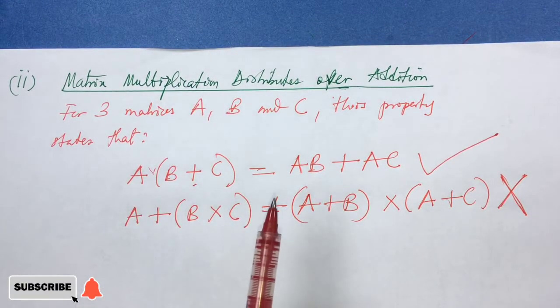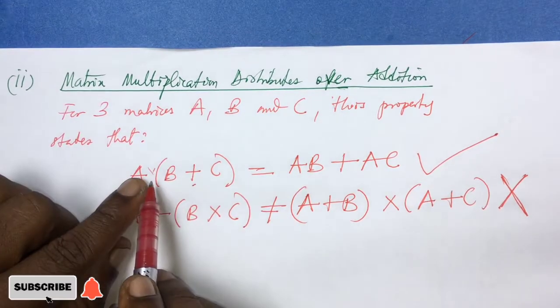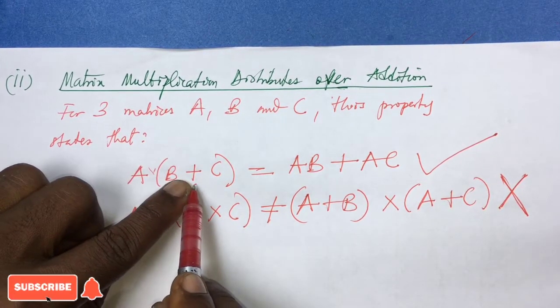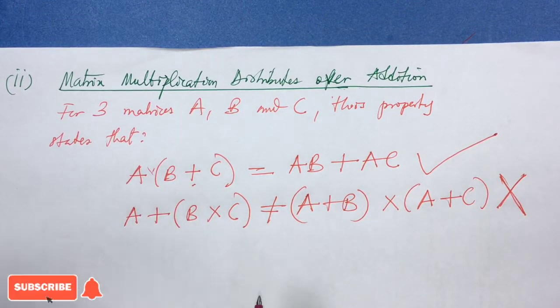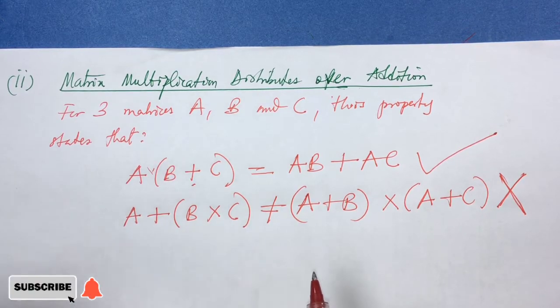In distributive property, there are always two different binary operations. In this case, there is multiplication and addition. In associative property, there are two similar or equal binary operations with three different elements. In distributive property, there are three different elements and two different binary operations.